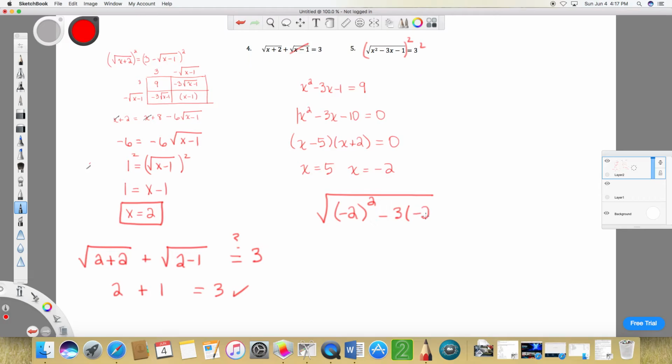Otherwise, you're going to get the wrong answer. So the big question is, does this result in 3? Negative 2 squared is 4. The negative times negative is positive. 4 plus 6 is 10. 10 minus 1 is 9, and the square root of 9 is 3. So this one also checks.